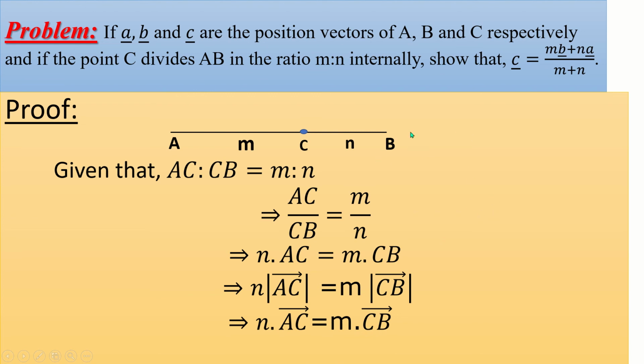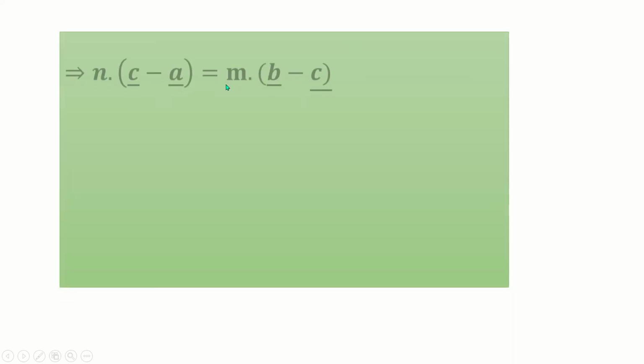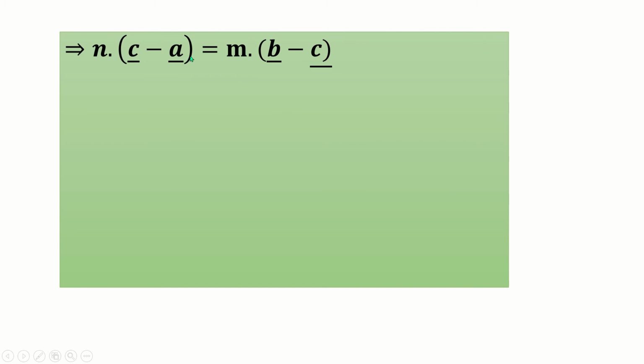And also given the position vectors of the points A, C and B equal small a vector, small b vector and small c vector. Therefore, AC vector equals c vector minus a vector, that means small c vector minus small a vector, and CB vector equals small b vector minus small c vector. Next follow this: c vector minus a vector, and here b vector minus c vector.